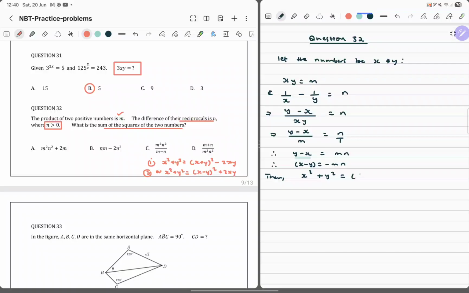So it's already giving us the vibes that we're going to have x minus y all squared plus 2xy. So let's see, what is that? We saw that this is minus mn all squared plus 2xy is m. So this becomes, this negative goes, it's going to be m squared n squared plus 2m. So the answer is A.